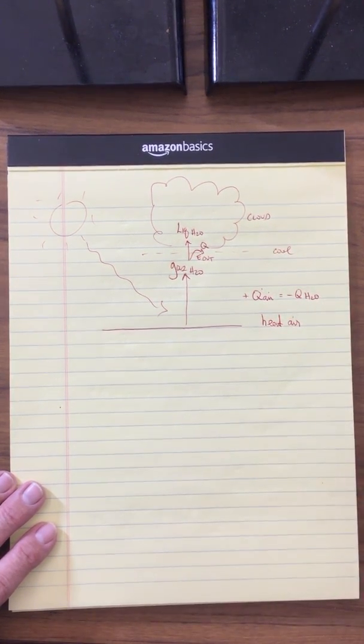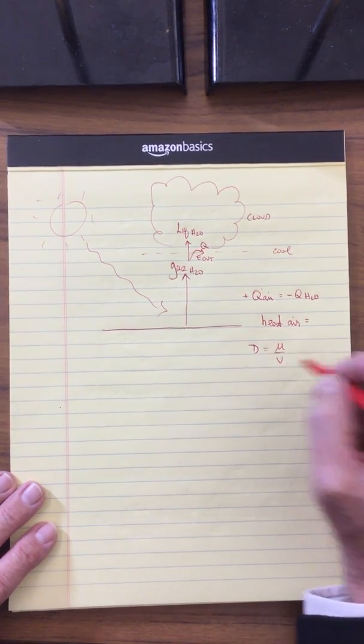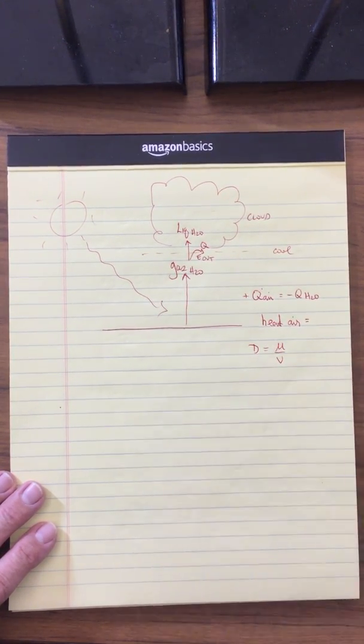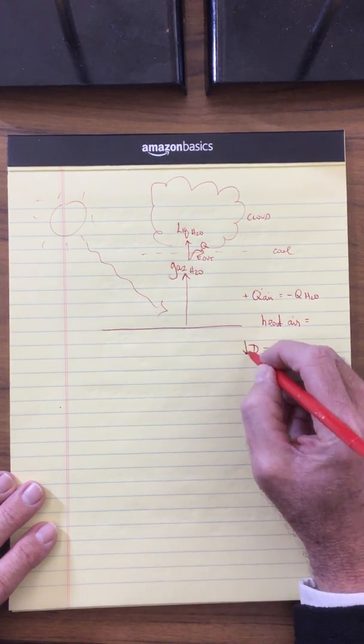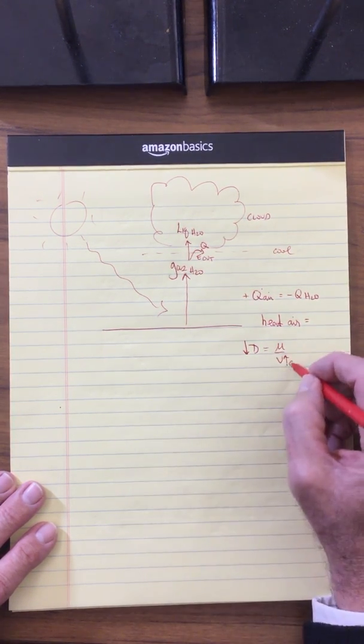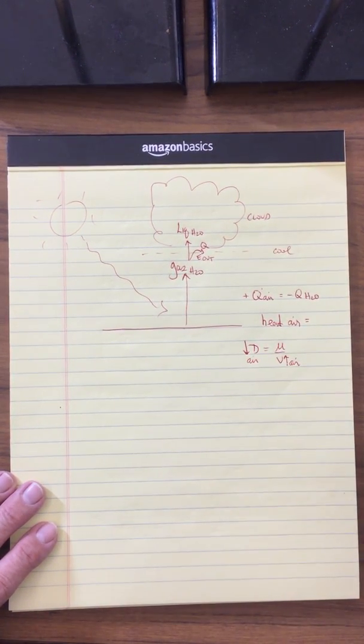what happens is whenever you heat something, most often than not, it's going to decrease the density. Remember, density is equal to mass over volume. When you heat the air, it's going to expand. That's going to decrease the density. So the volume of the air is going to expand and the density of the air is going to decrease.